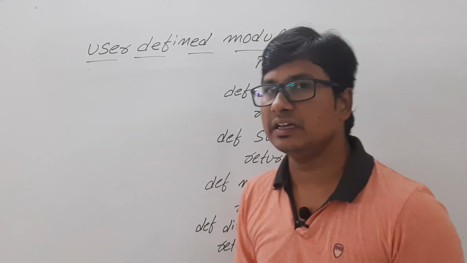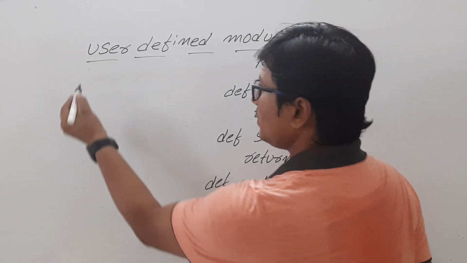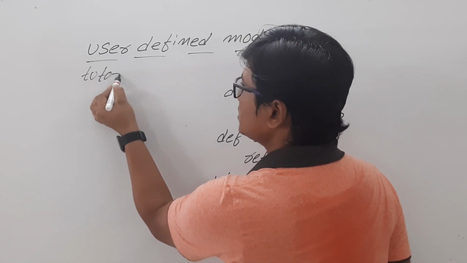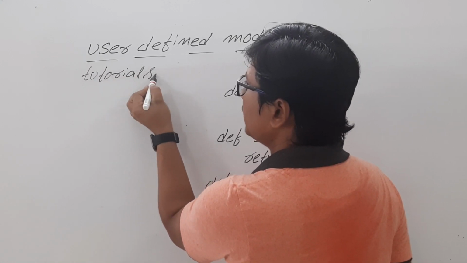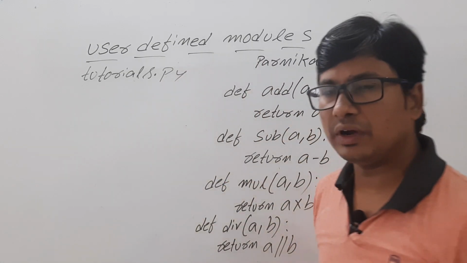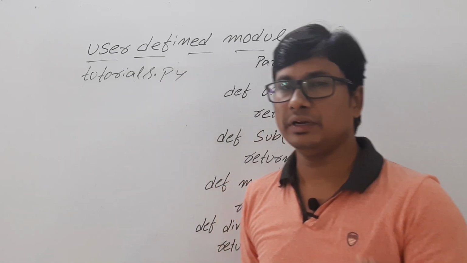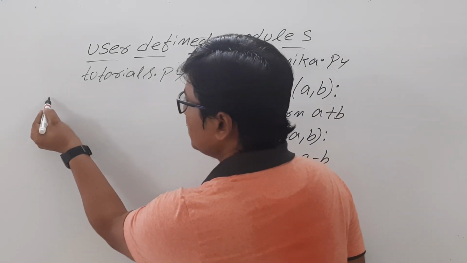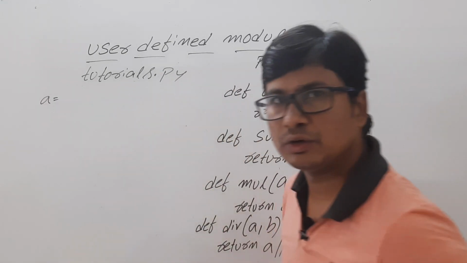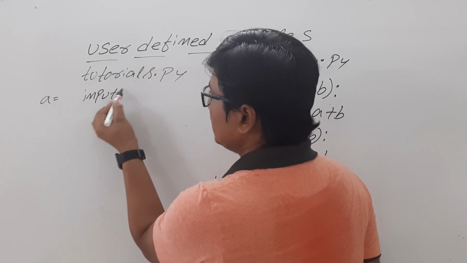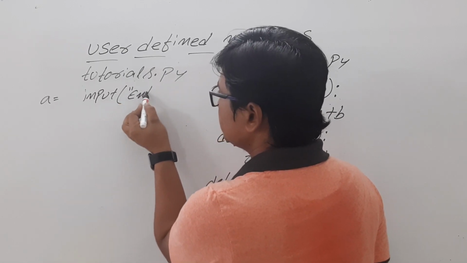I will create another file, let me call it tutorials.py. Now in this one I will ask the user to enter the two numbers. So first what will I do? I will write a is equal to input, enter a number.